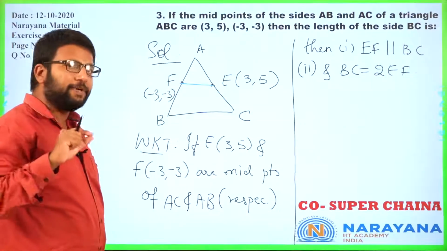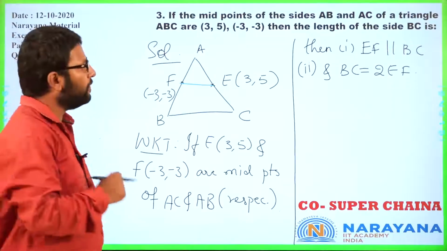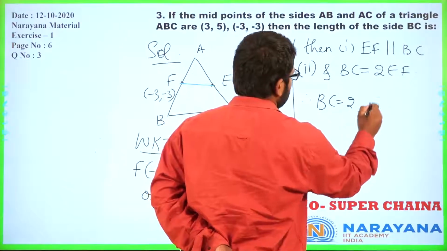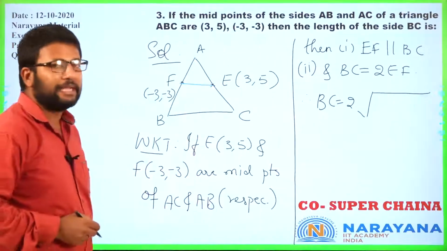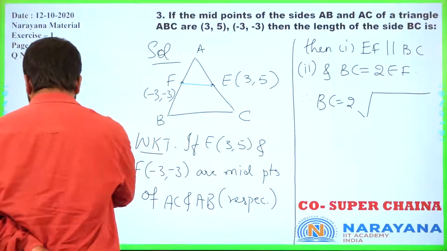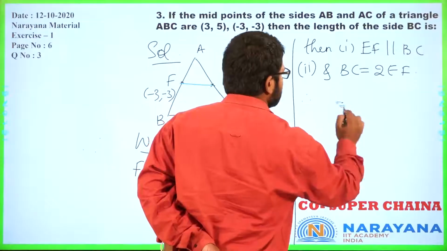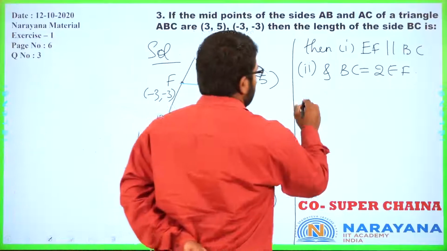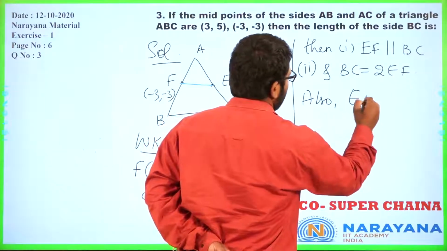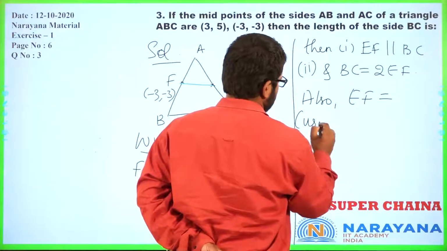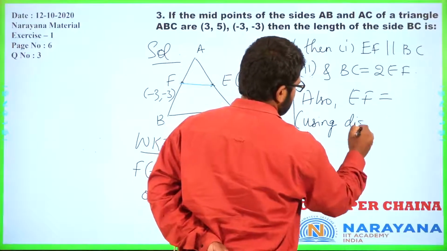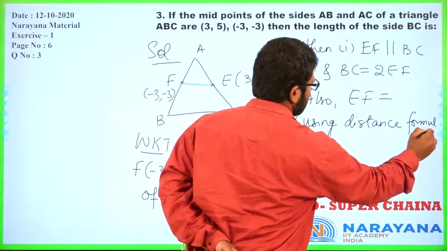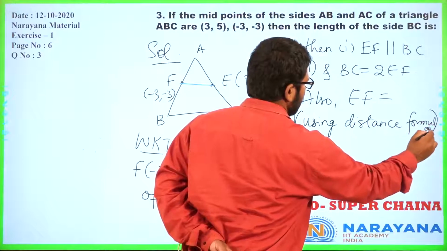Now, up to this point it is geometry, after this it will be algebra. How? Therefore, BC is equal to 2 times EF. How do you find the distance EF? Distance formula, right? Using distance formula, the most basic coordinate geometry formula.